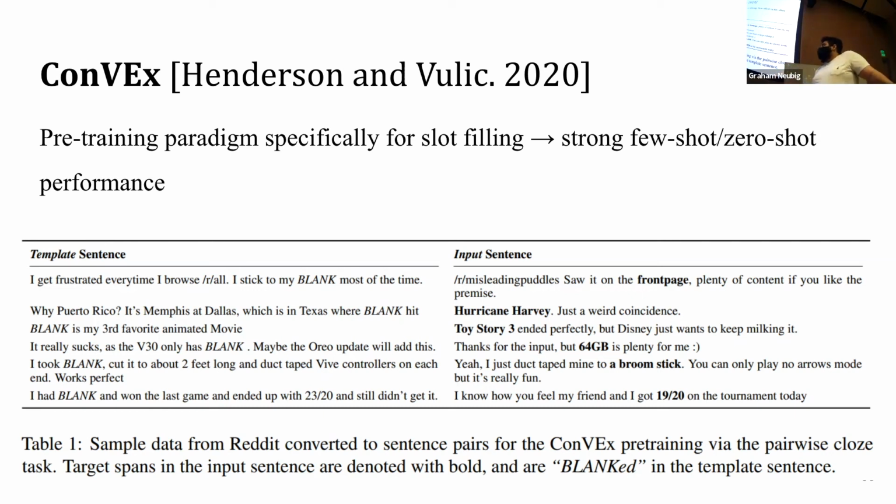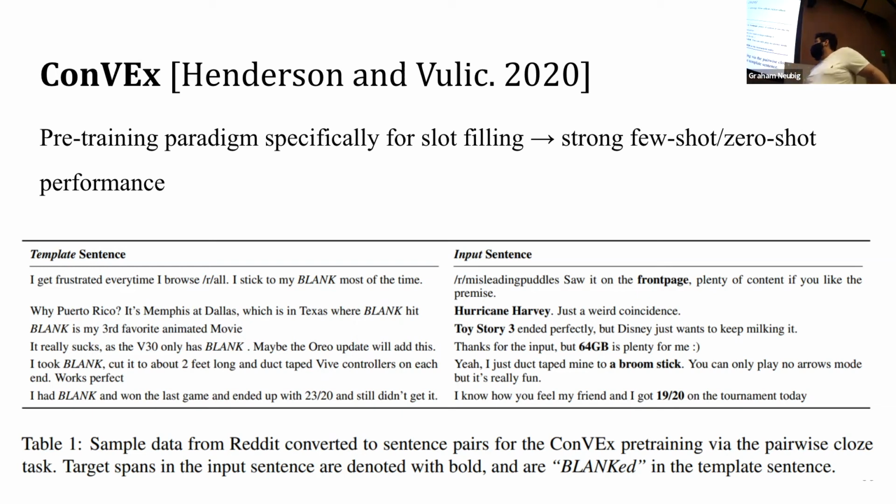So what they did was they identified these entities, like where Toy Story 3 or 64 gigabytes is an entity, and they identified places where this occurs multiple times. So during their pre-training, they essentially took a template, one of the sentences in which it appears, and they replaced the name of that entity with a blank or a mask.